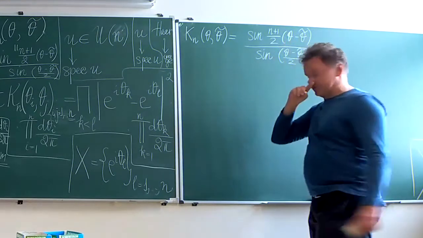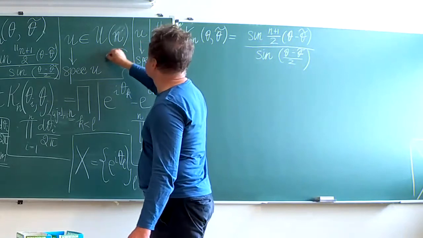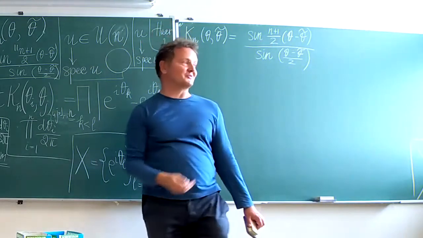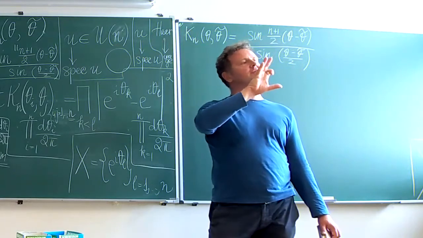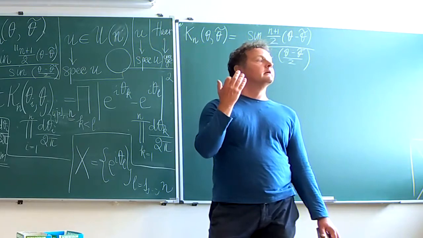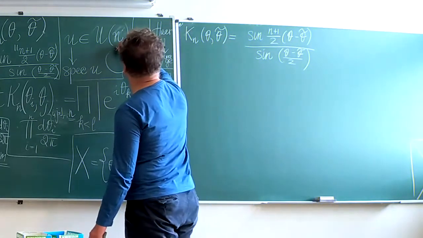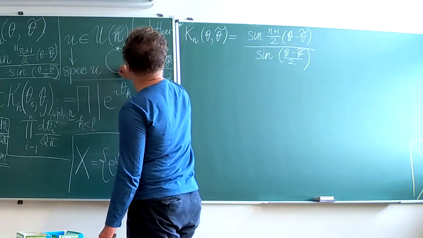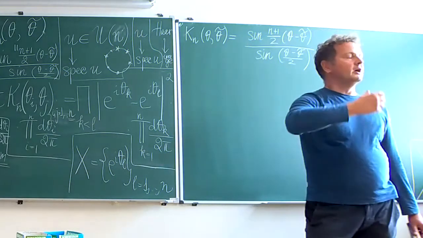And now let me observe, this is clear geometrically, that of course I'm considering eigenvalues of a matrix, so there are n of them, and they're roughly equidistributed on the circle.